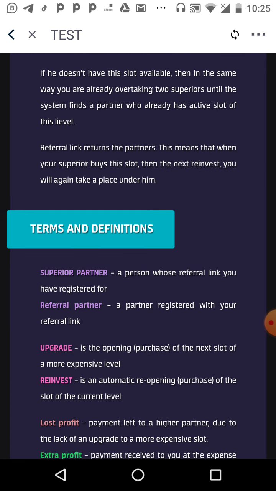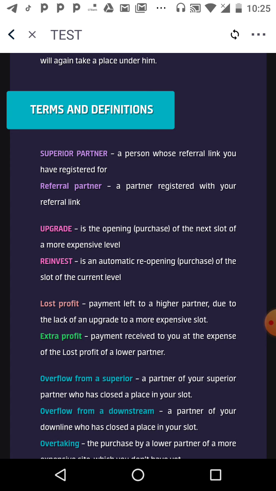So referral links return the partner. This means that when your partner buys this slot, then the next reinvestment you will again take a place under him. I've said it already. Time and definition.